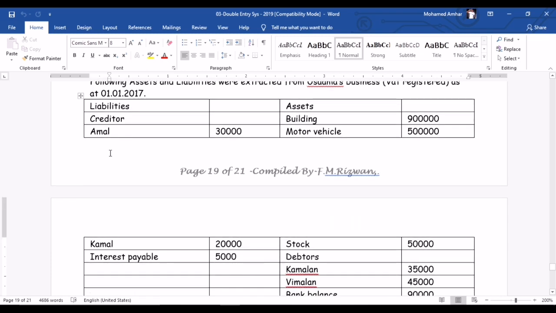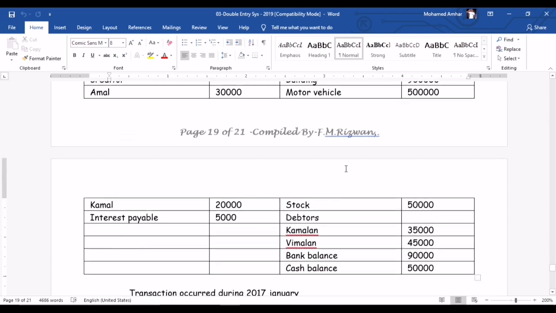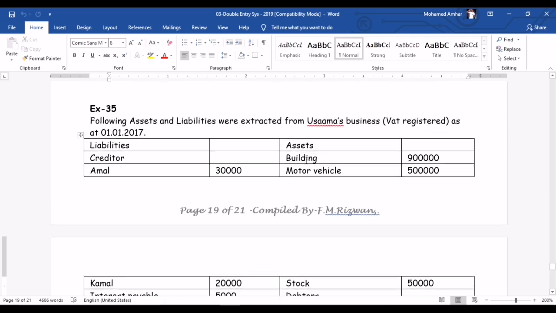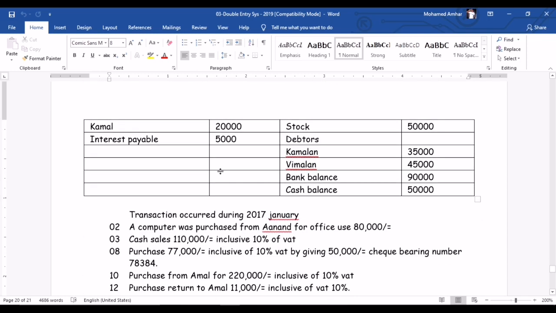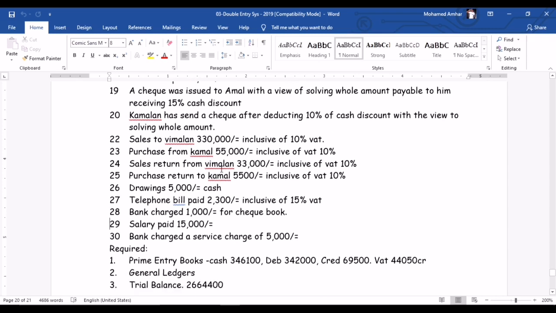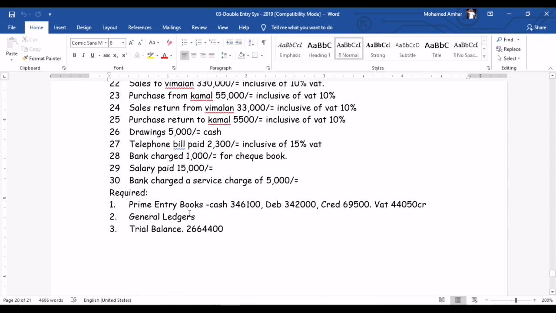Liabilities and assets are given on 1/1/2017. That means these are opening balances, and you are required to prepare prime entry books, general ledgers and trial balance.